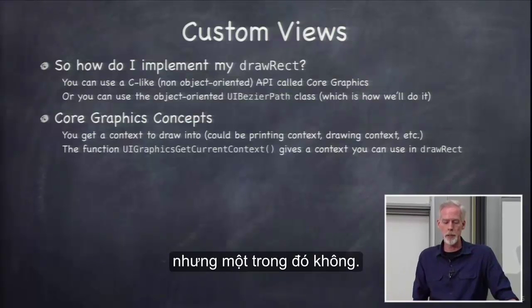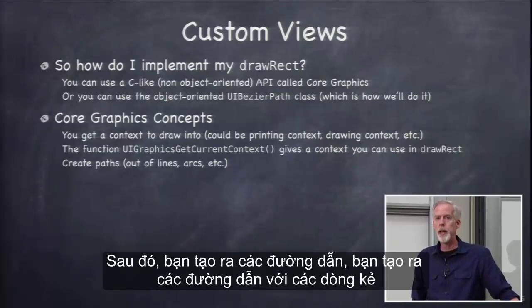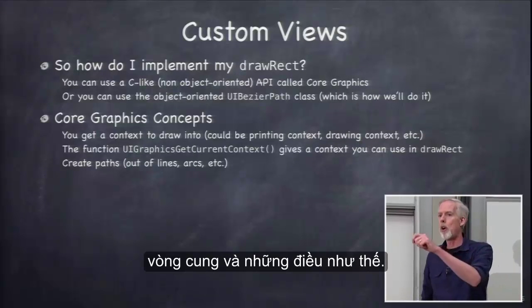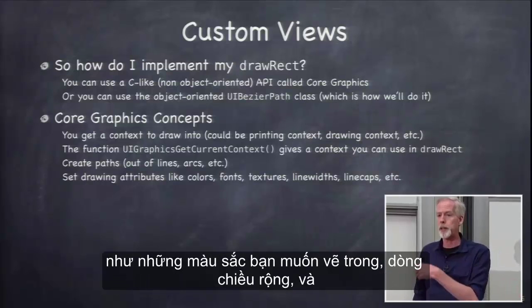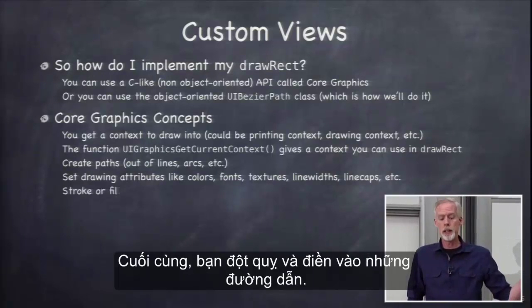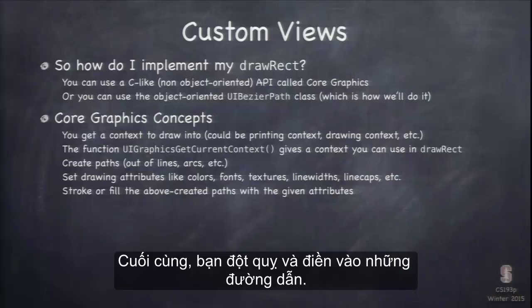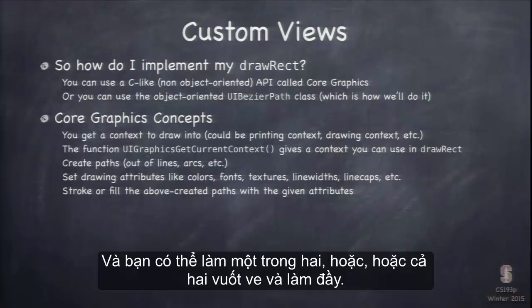But that one does. So the first thing you need is a context, automatically set up for you when drawRect is called. Then you create paths with lines and arcs and things like that. Then you set the drawing attributes, like the colors you want to draw in, the line widths, things like that. And finally, you stroke and fill those paths. You can do either or both.